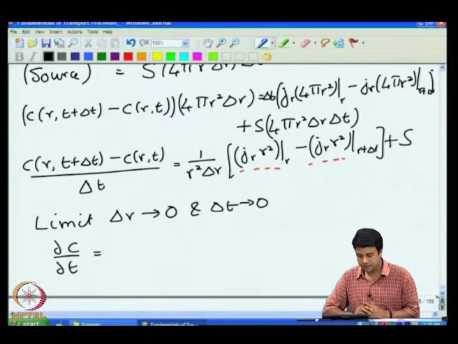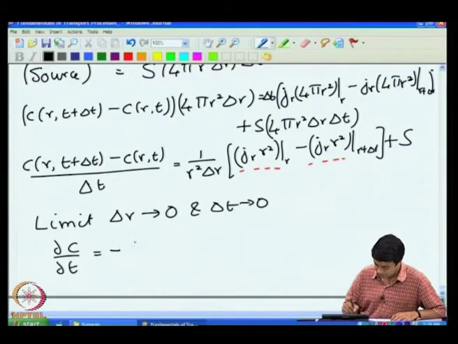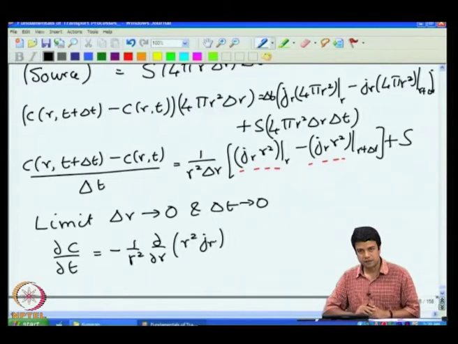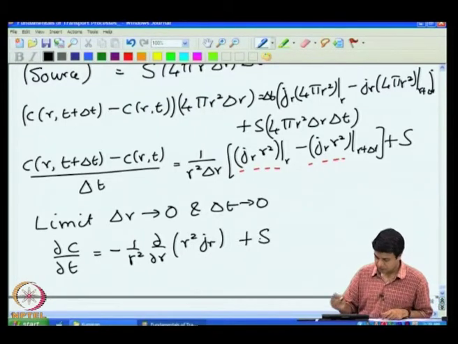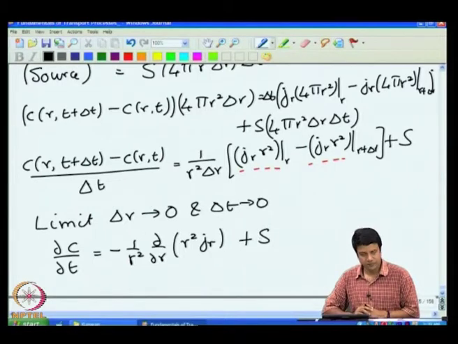On the right hand side, I have J r times r square at r minus J r times r square at r plus delta r, divided by delta r. Now, J r times r square at r plus delta r minus J r times r square at r would be d by dr of J r times r square, but I have the negative of that. So, this is equal to minus 1 by r square d by dr of r square times J r, where J r is the flux, plus any source or sink that is present.